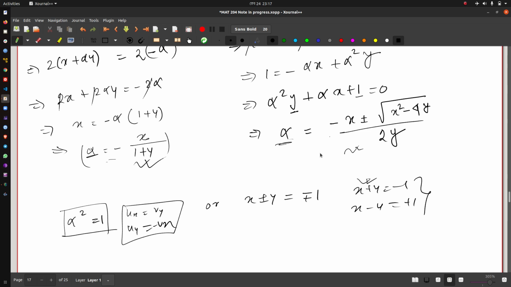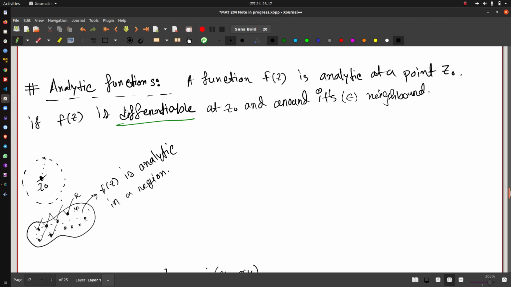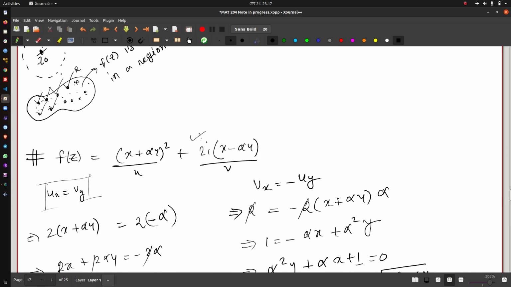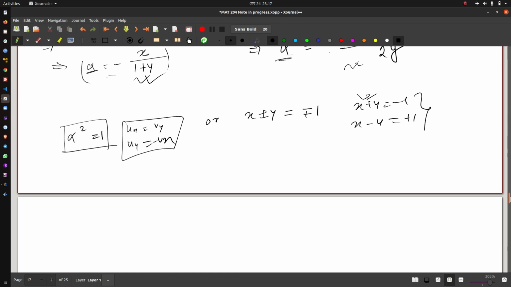So that's why you say that the derivatives of this function that we are discussing in the example exist only on these lines, but when it comes to the question whether the function is analytic or not, the answer is that the function is not analytic anywhere. Why?